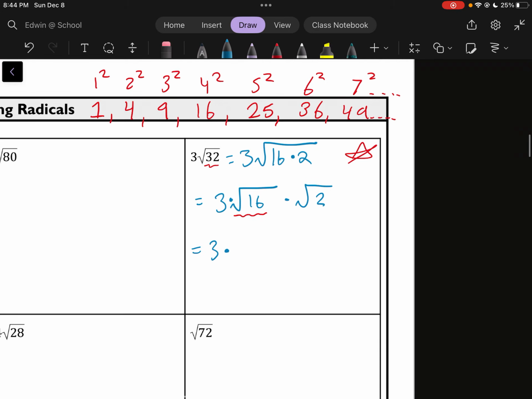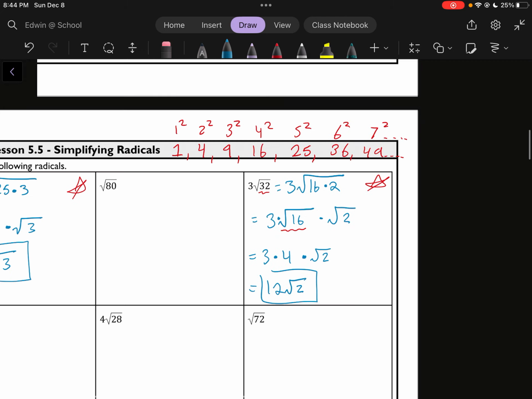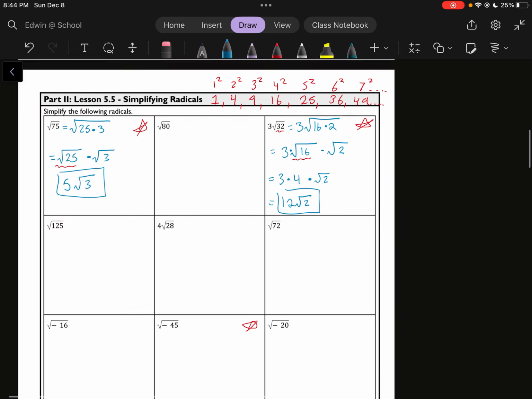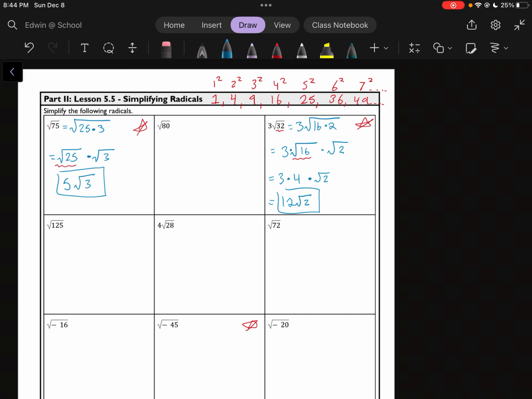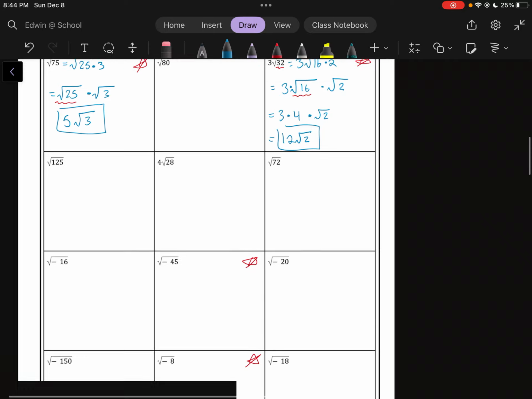So in reality, this is just 3 times 4 times the square root of 2. And we also know what 3 times 4 is, obviously. We know 12 times square root of 2 is an equivalent expression of 3 times radical 32. So we're just simplifying. It's common algebra skills that we need to get good at so that we can manipulate more things in the future.